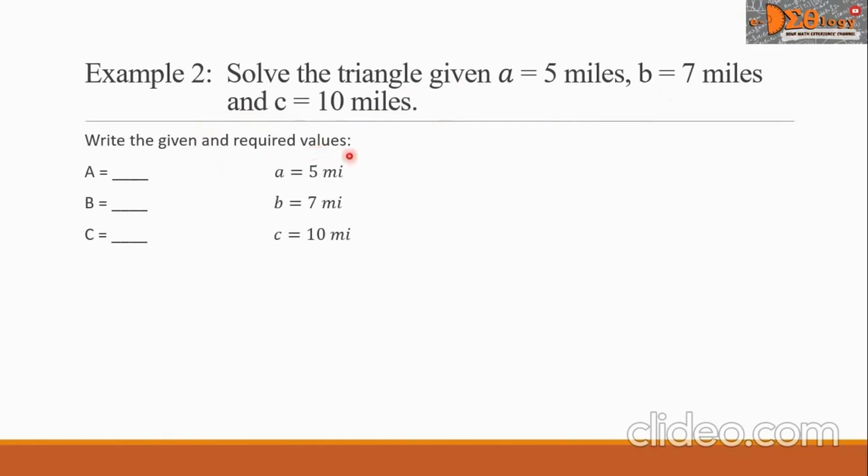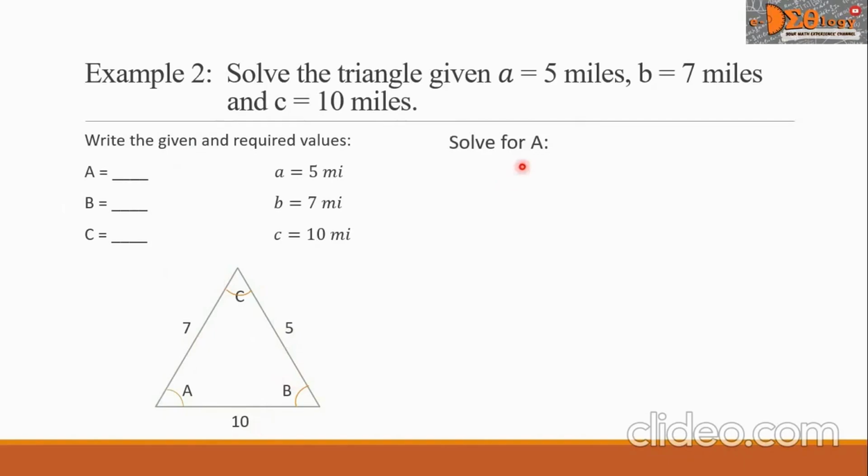Since all sides are given, consequently, what we're to solve are the angles. Drawing the triangle, we have angle A here with side 5 miles. Angle B is here, the opposite side is 7 miles. And the angle C is here, and the opposite side is 10 miles.